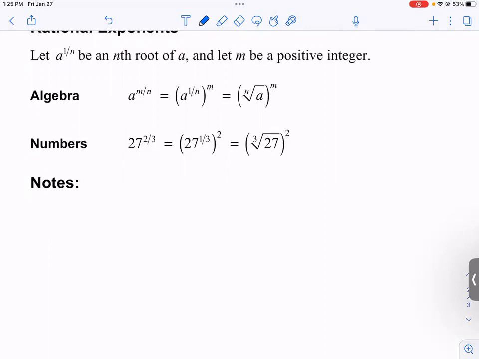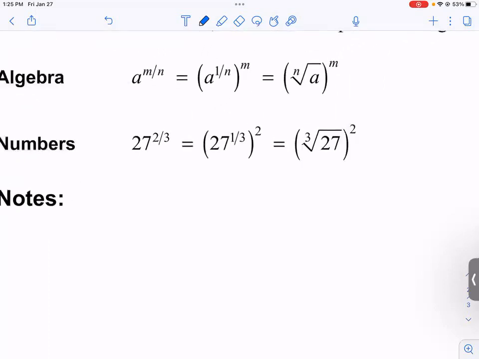This denominator is your root, and the numerator is your exponent. So 27 to the 2/3 means the cube root of 27 squared. That'd be 9.